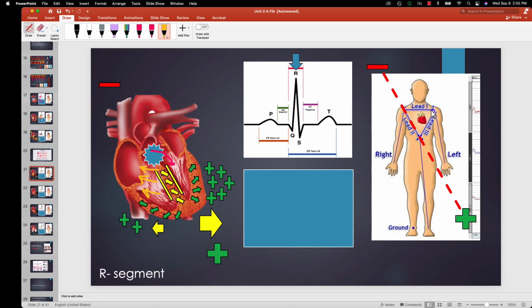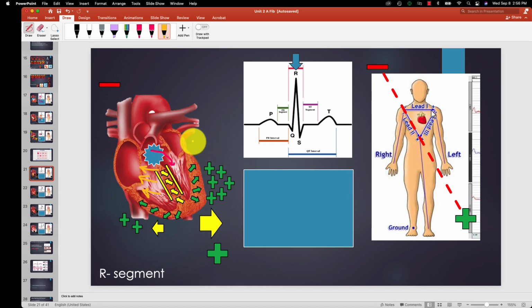So the signal is being received from the bundles of His and from the left and right descending branches, okay? And it's going to start to propagate the Purkinje fibers, which are on basically the left and the right side, right? So we know that this makes like this netting that kind of surrounds the entirety of our myocardial here.